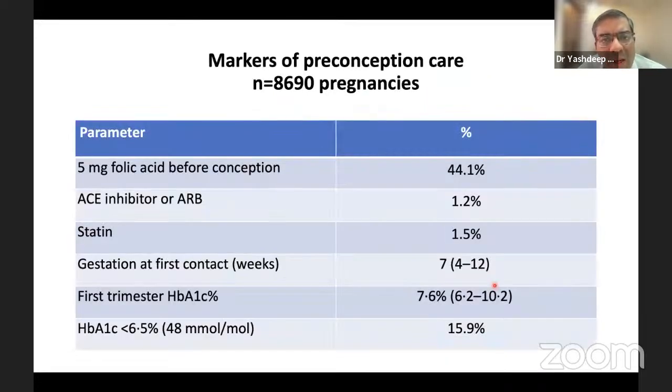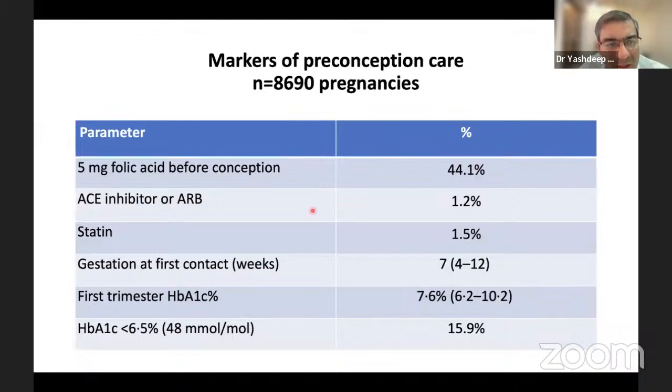So this is again a marker of preconception care from the same UK studies, which shows that even in the best of the world, seeking preconception care is suboptimal. Even when the woman is aware that she has type 1 diabetes, even when she is in continuous touch with the physician, even when there are specialized clinics for preconception care, still seeking preconception care is very, very poor. It has been seen in that study that only 44% of the women were taking folic acid before conception.